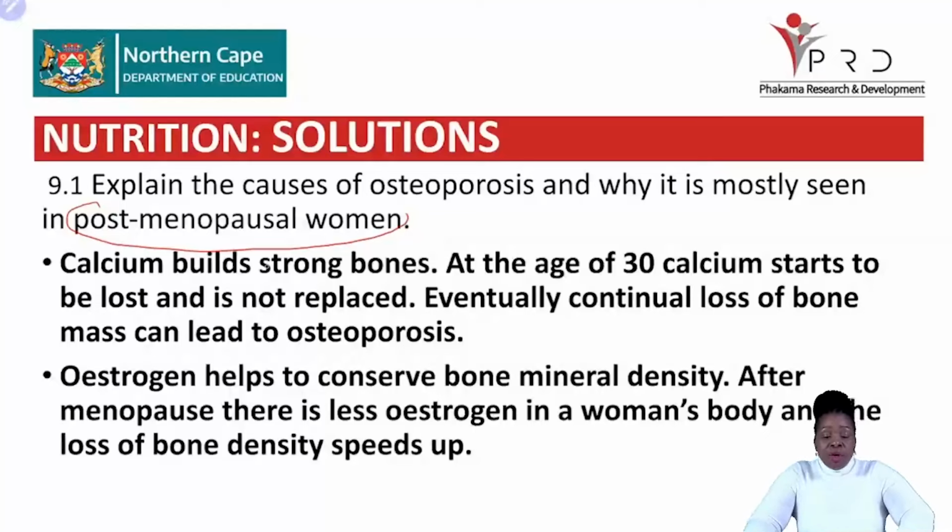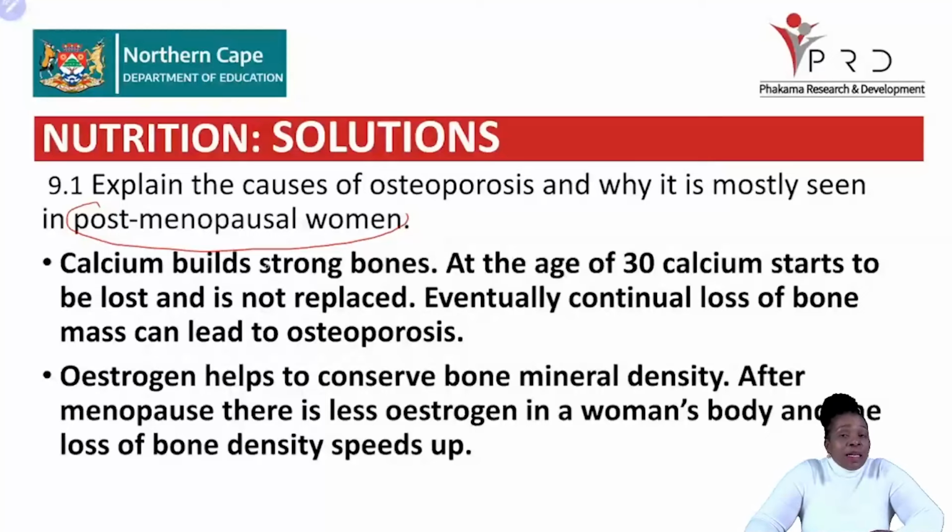Right. So when we talk about osteoporosis, we have to think of osteoporosis as a deficiency disease, and what causes osteoporosis, right? We said in our last revision that it is caused by lack of calcium in the diet.